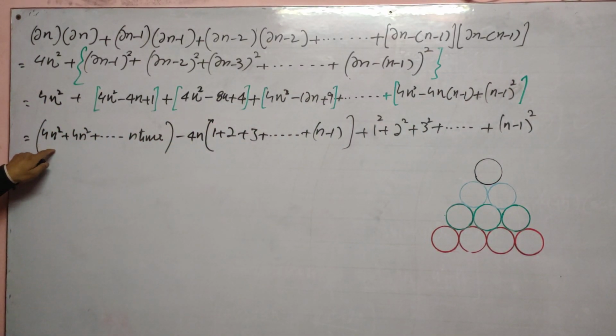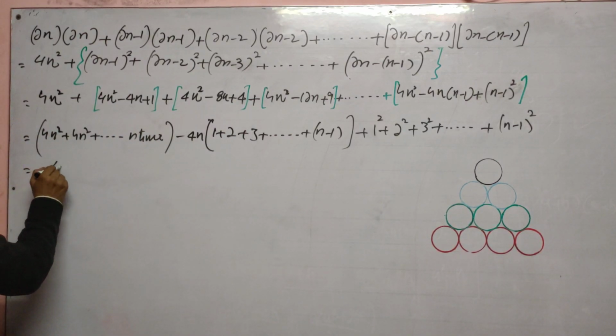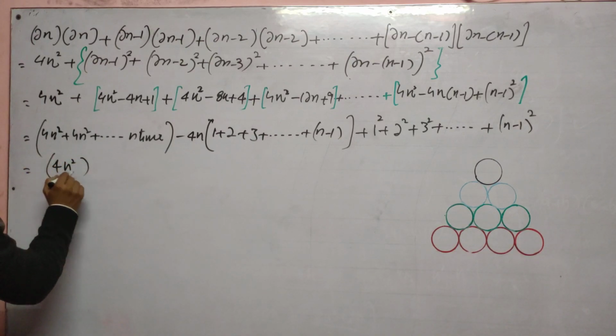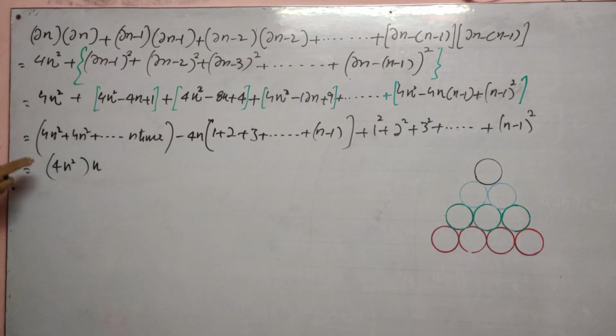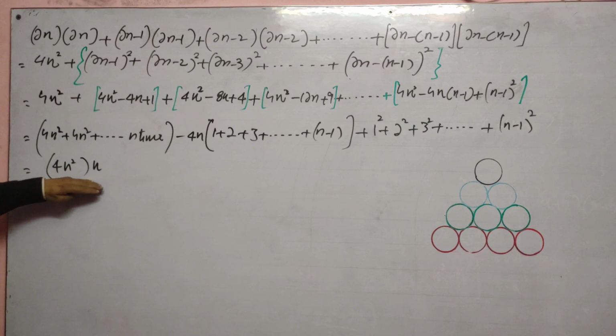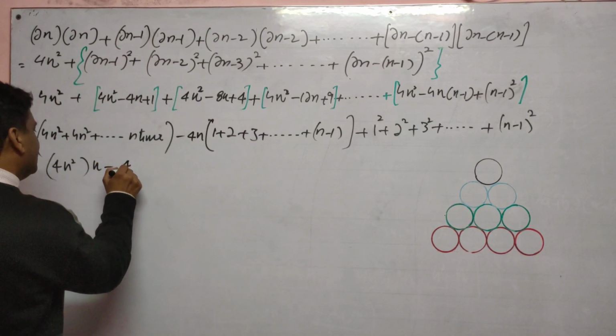You know 4n squared up to n times, we get 4n squared times n. The sum of all these terms is 4n squared times n, and minus 4n.